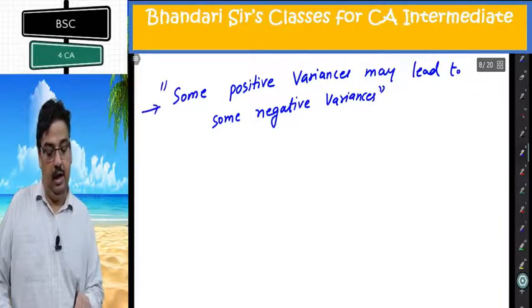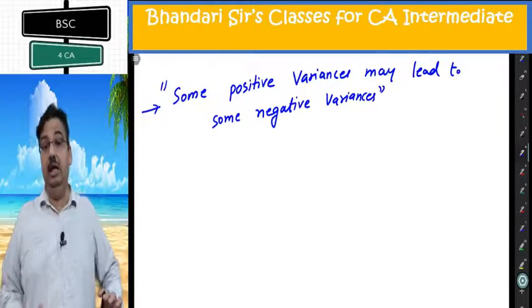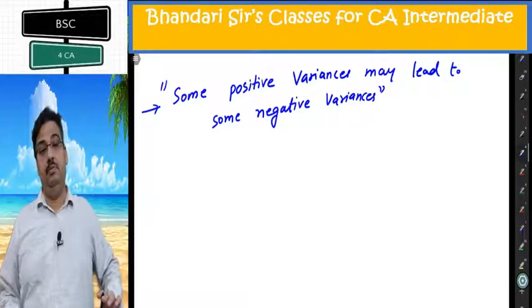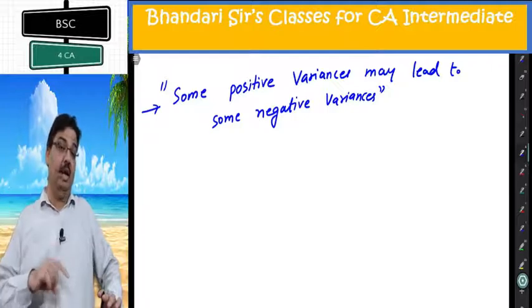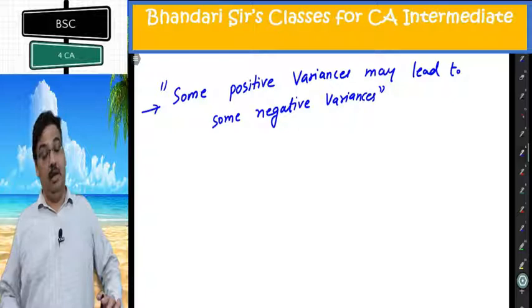Now, when you are looking at overall variances, don't reach conclusions instantly. Look at the interrelationship between variances. That is written here. Some positive variances may lead to some negative variances. It can be vice versa also.